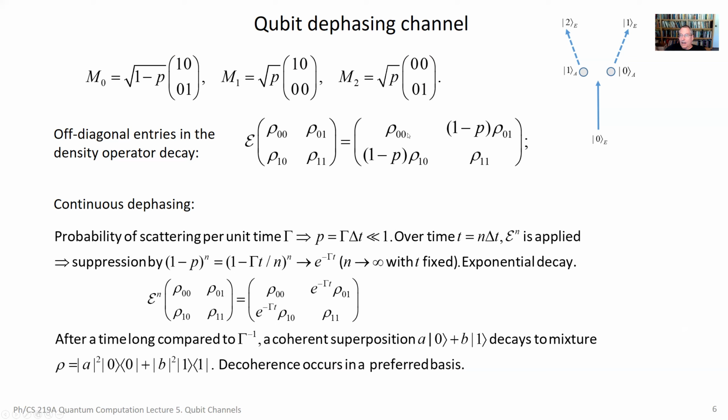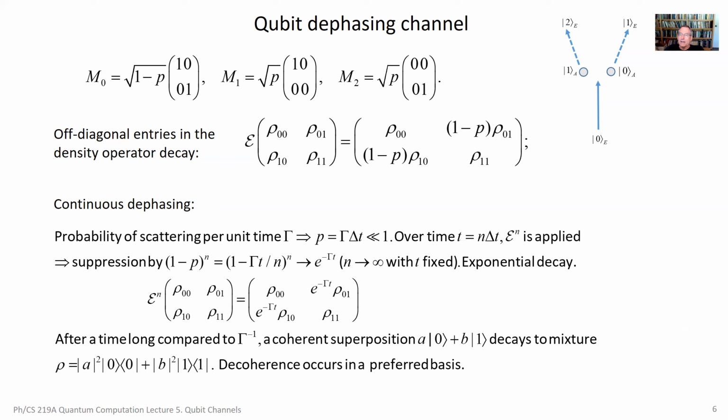So on the diagonal, I wind up restoring the original entries when the channel acts. So rho 0,0 and rho 1,1 are not affected, but the off-diagonal terms are affected. They become smaller. That's a kind of loss of coherence. I'll try to make it a little clearer what that means in the next slide or two.